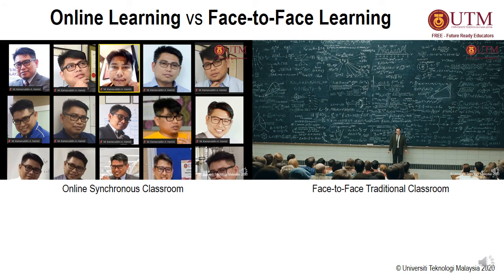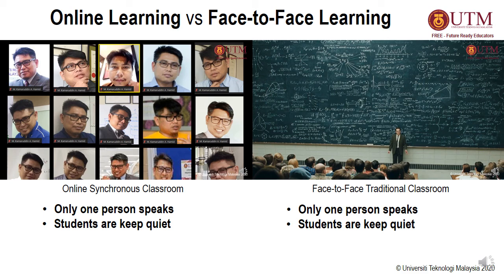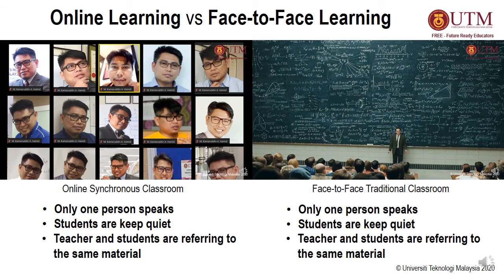So, how is online learning different from the face-to-face learning? Based on the previous slides, we observed that only one person speaks in the classroom, which is the teacher. All students keep quiet during the class, whereas in the online learning, students are required to switch off their microphones. In addition, we can observe that teacher and students are referring to the same materials throughout the class.